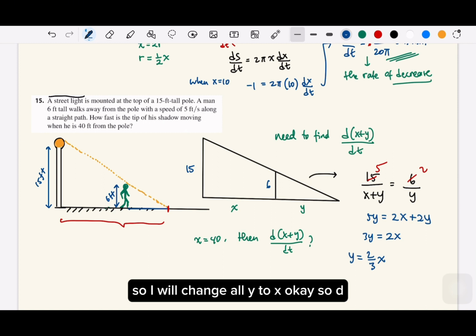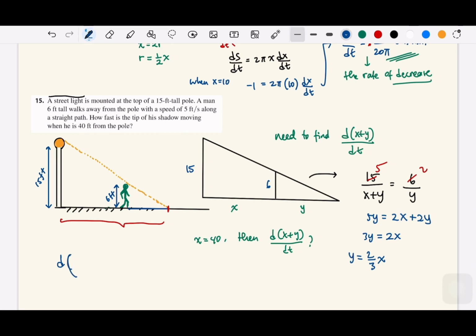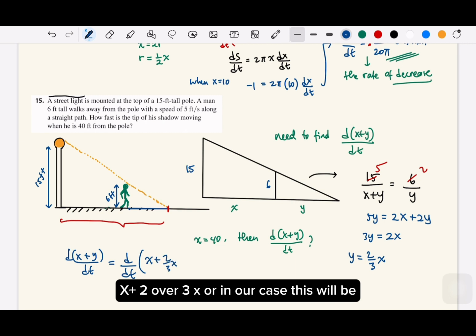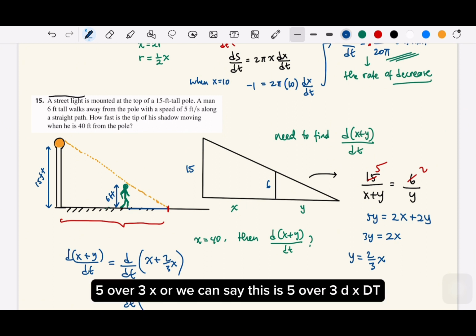Okay, so d(x plus y)/dt is d/dt of x plus 2 over 3 x, or in our case this will be 5 over 3 x, or we can say this is 5 over 3 dx/dt.